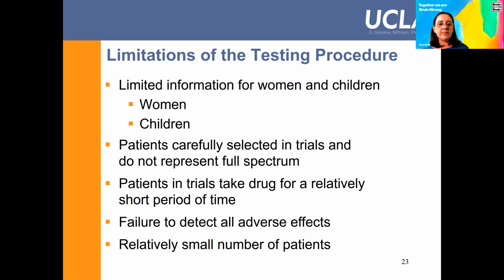Also, again, those patients take the drug for a relatively short period of time. Most of the trial, I would say, would last like a couple of months. And again, it depends what you're looking at. If you want to look at the efficacy of an antiviral, it's pretty quick. You want to kill the virus as fast as you can.